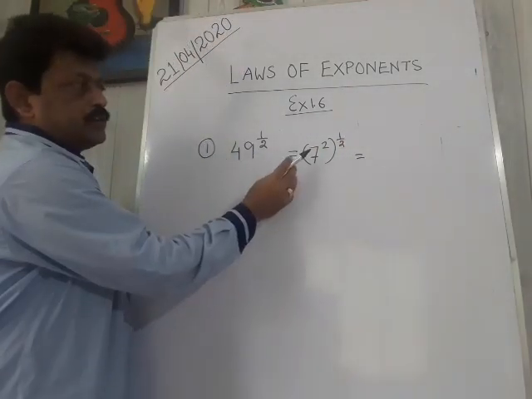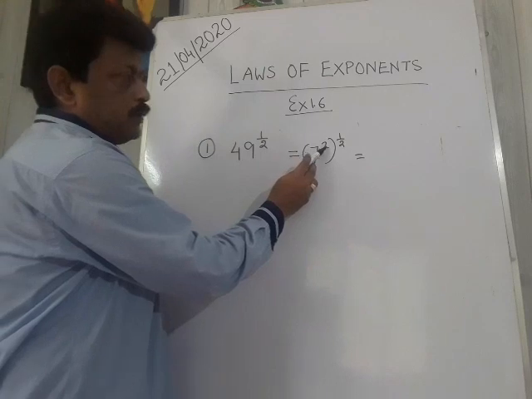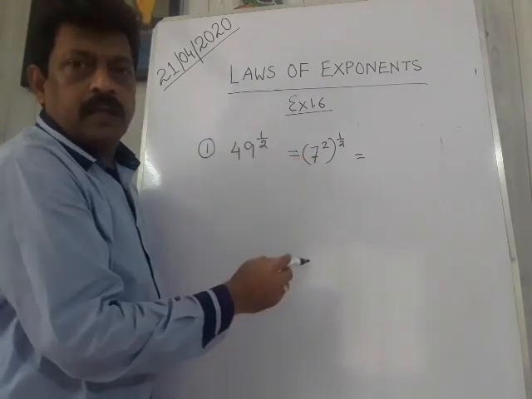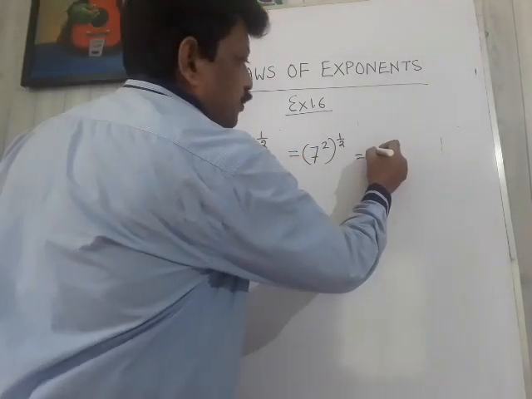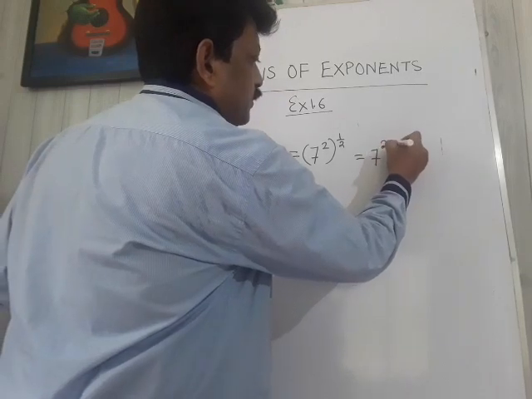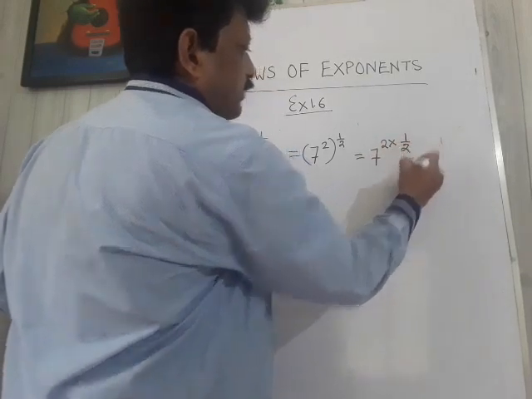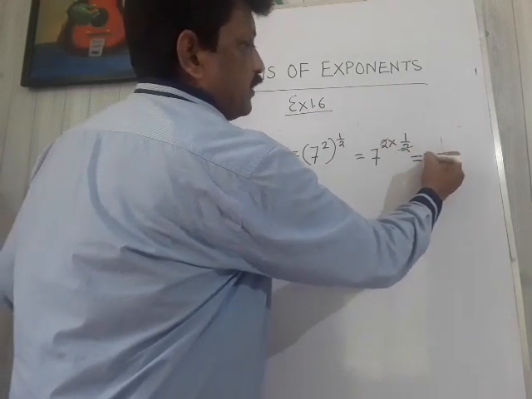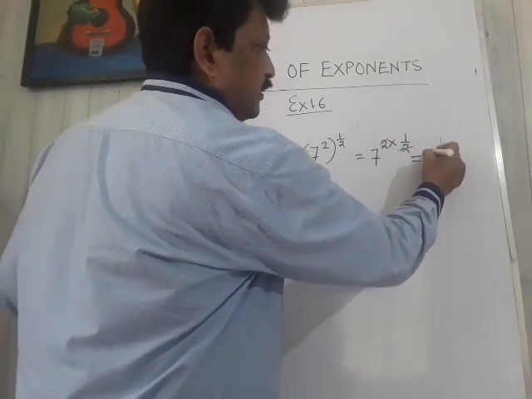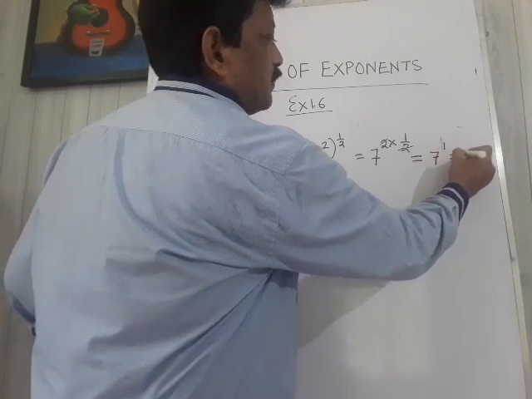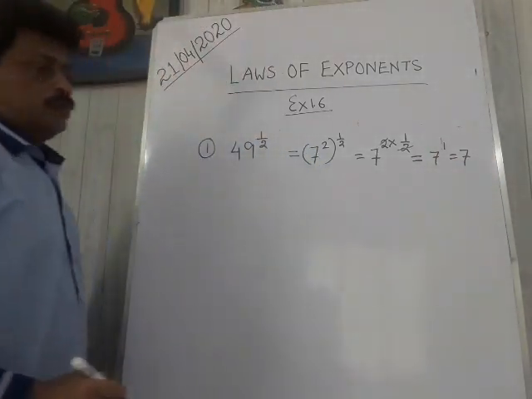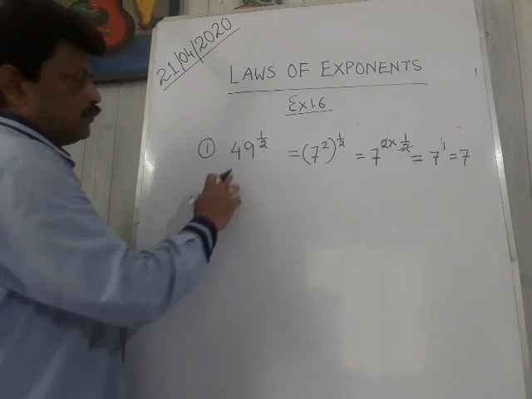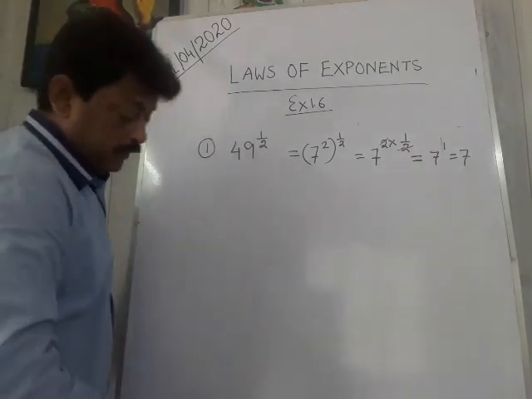Again here we can see that 7 is having power 2 and the whole thing is again having power 1 upon 2. So both the powers will be multiplied. 2 multiplied by 1 by 2. So this 2 will be cancelled. It will become 7 power 1. That means 7 is the answer. Hope you have understood. Only we have to factorize the composite number.